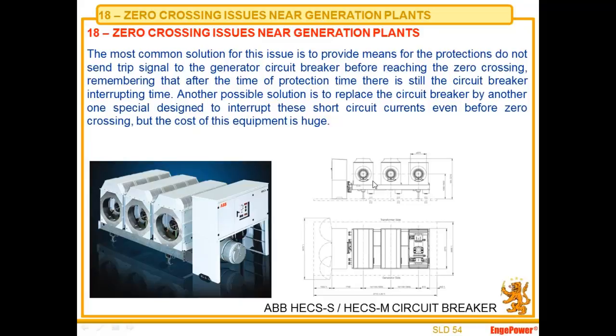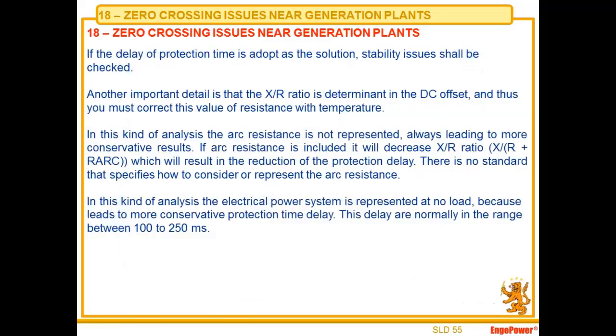So it's a big equipment, and the cost is also huge, right? Another solution is to delay the trip, but if you delay the trip, you must check if stability issues will be a problem or not.